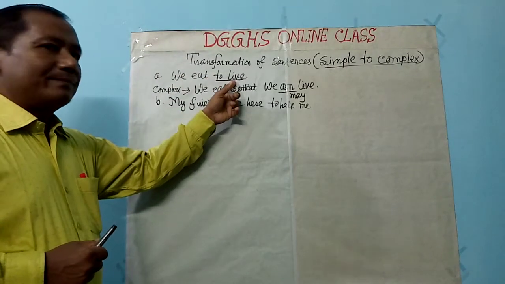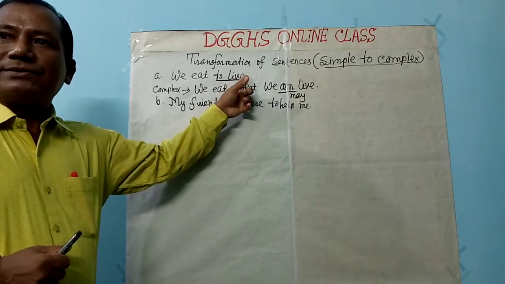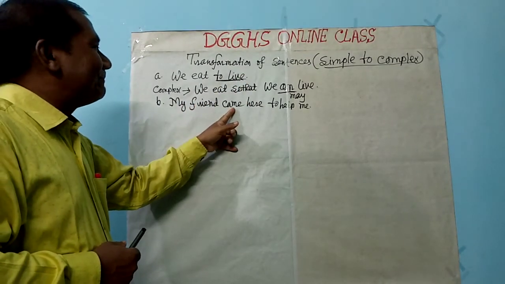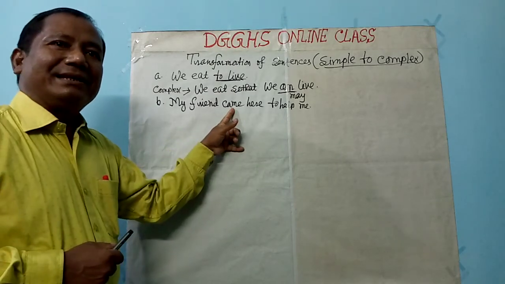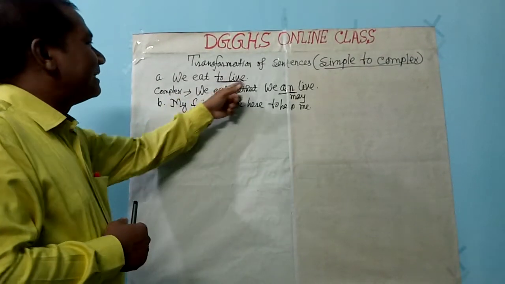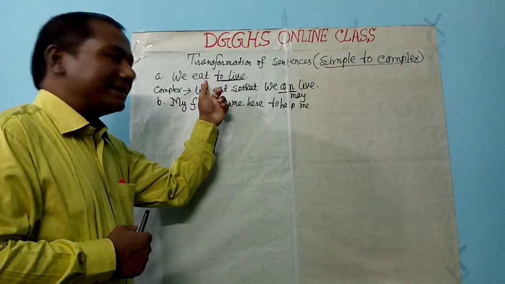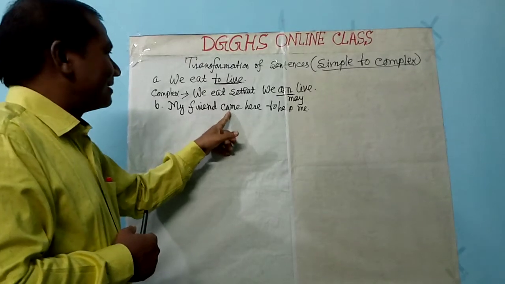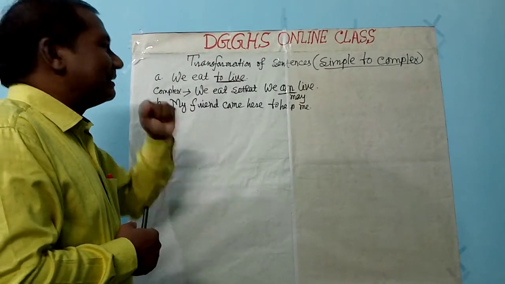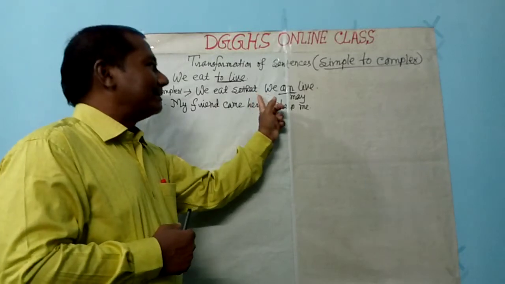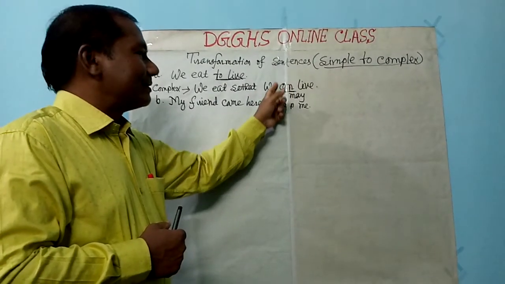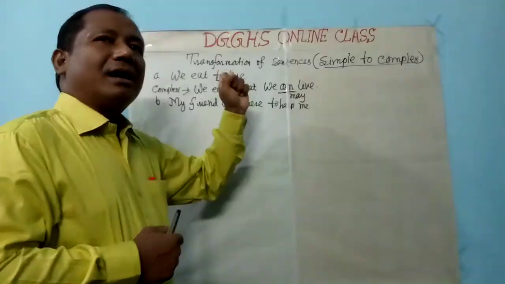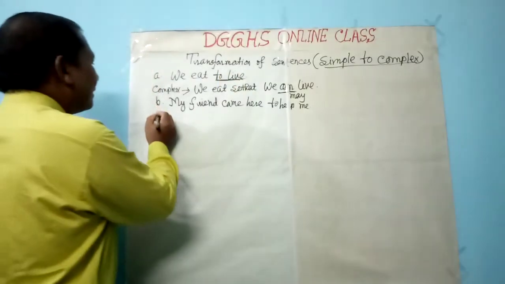We eat to live is in present tense, and my friend came here to help me is in past tense. If it is past, then after 'so that' only the modal will be changed. Then it will be 'could' or 'might'.